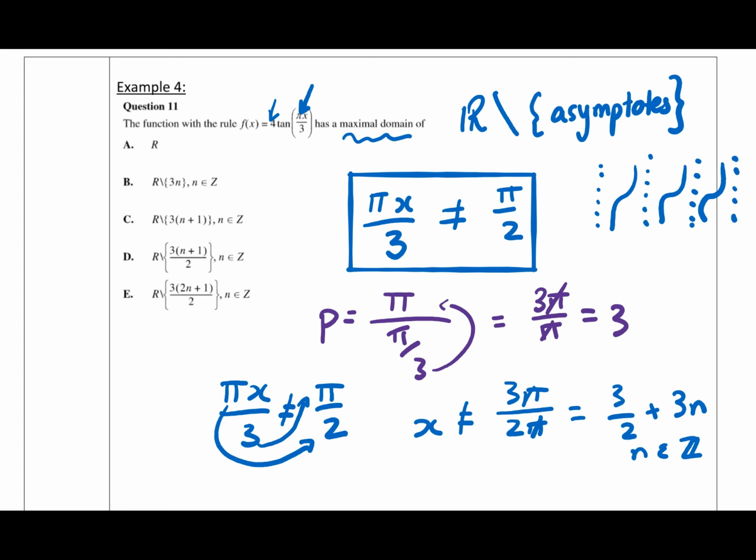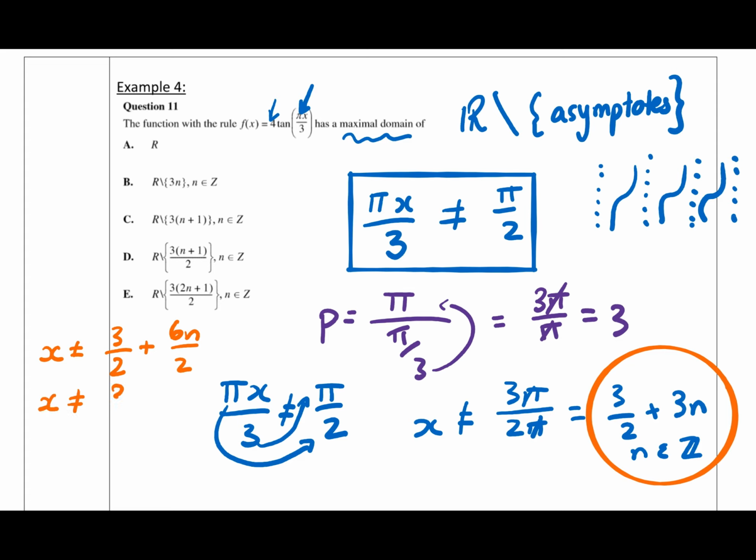So I need to try to take this here and put it over one denominator. So in other words, x can't be equal to 3 over 2 plus 6n on 2. So x can't be equal to 3 plus 6n over 2.